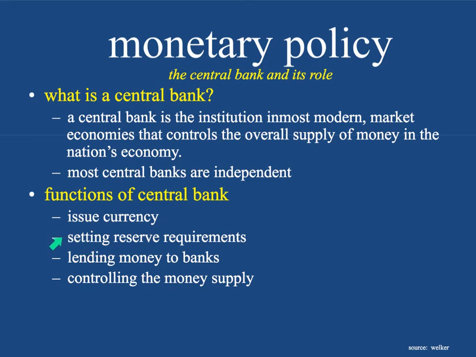That might not seem like that big a deal, but 20% of all of the deposits in their bank have to be available at any one time, which means they can't loan that money, which means that money is effectively out of the flow of cash, right?